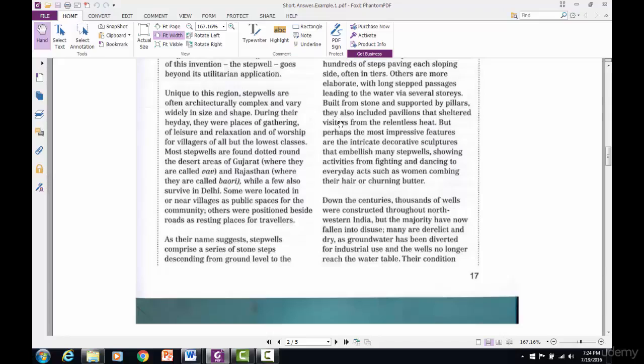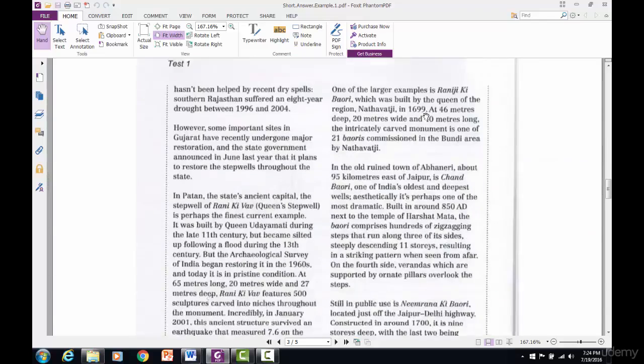And there we have visitors, which is a synonym for people. So our synonym match here is sheltered for shade. The pavilions provided shade, or the pavilions provided shelter. Shelter is a synonym for the word shade in this instance. All right, so that's number 6.